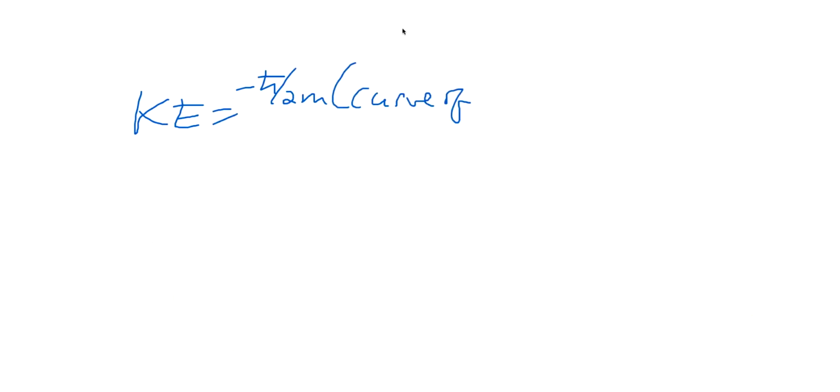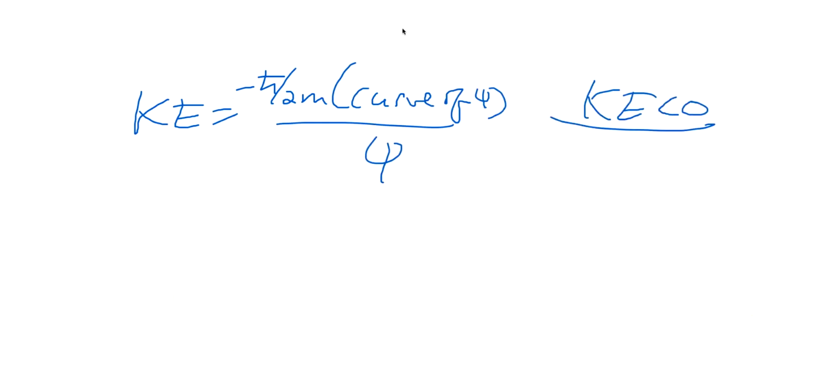According to the wave equation, in terms of kinetic energy, if kinetic energy is less than 0, if psi is positive, remember there's a negative sign in the equation, then curvature is positive. So that's totally fine.